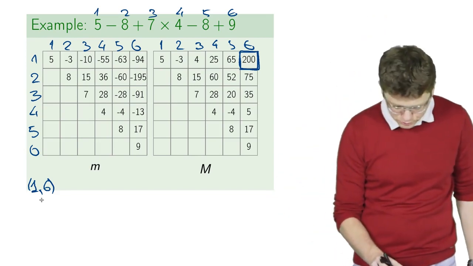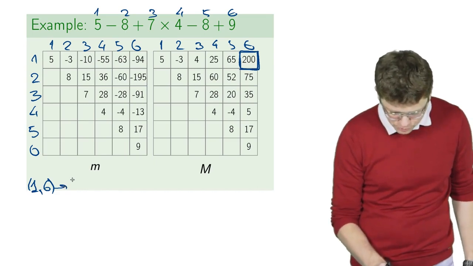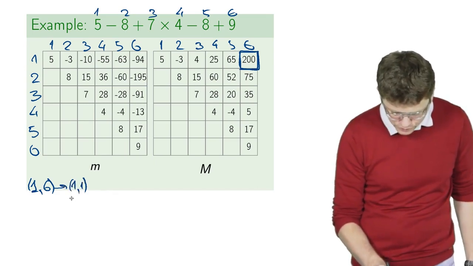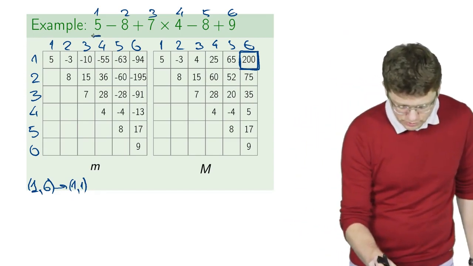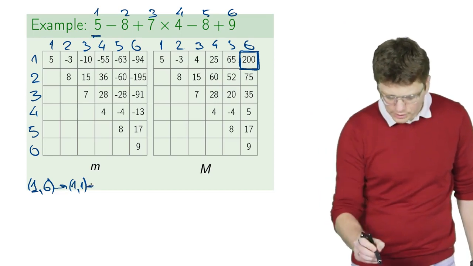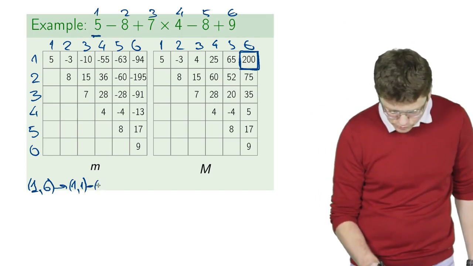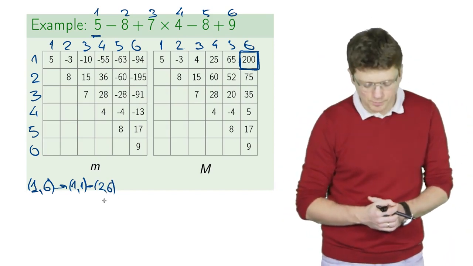Let's just go through all of them. The first possibility is to split it into sub-expression 1, which corresponds just to the first digit, which is just 5, and sub-expression 2,6 with a minus sign between them, right?